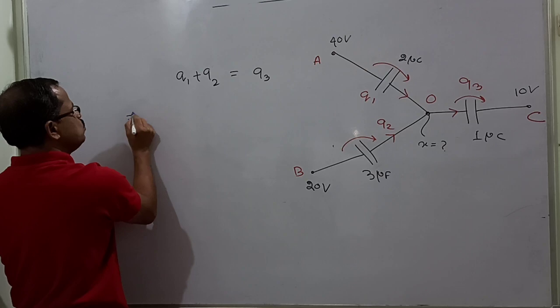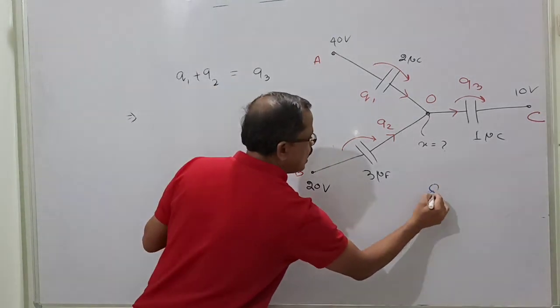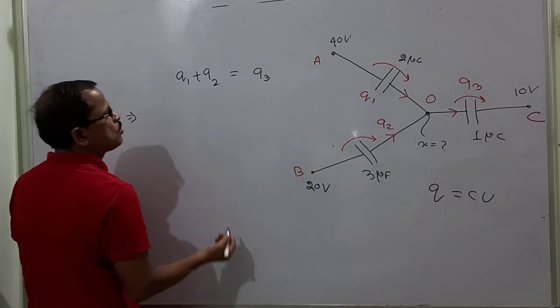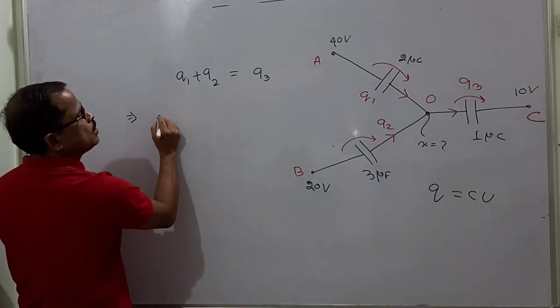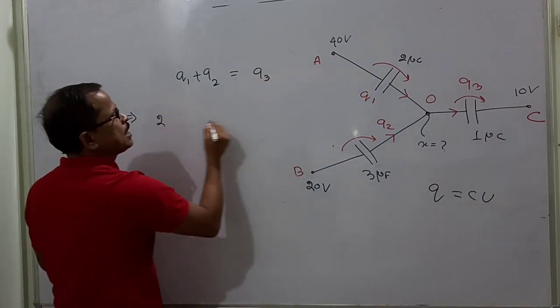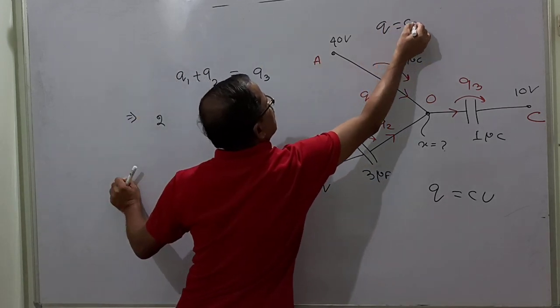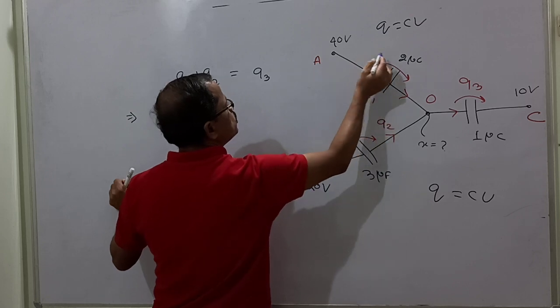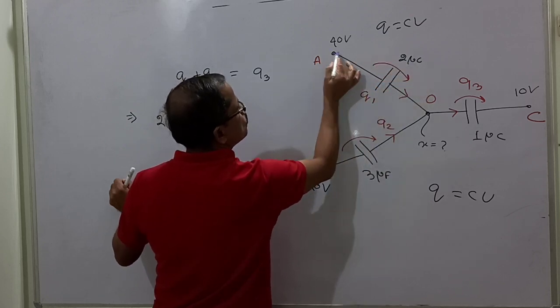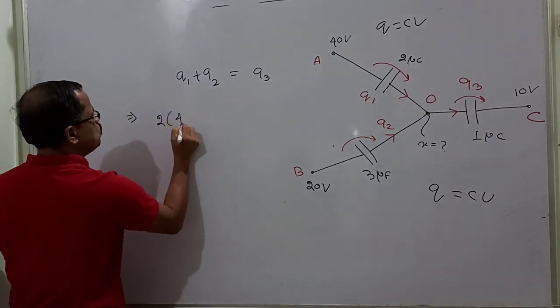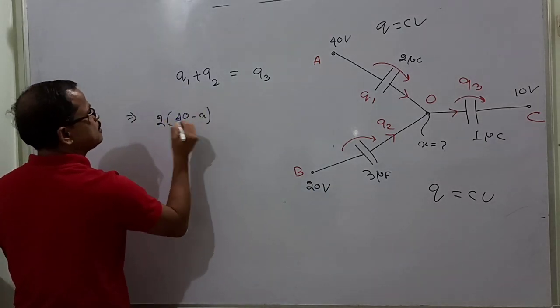So now what is Q1? Again you know the formula: Q is equal to CV, where V means potential difference. For the first line, Q1: C is equal to 2, V is equal to 40 minus X, so that is 2 into (40 minus X).